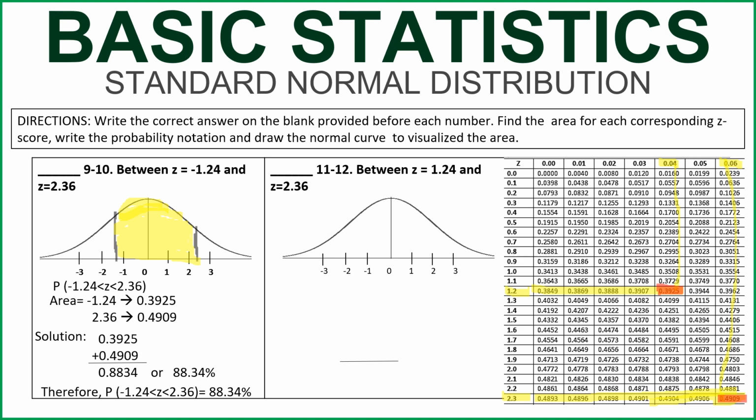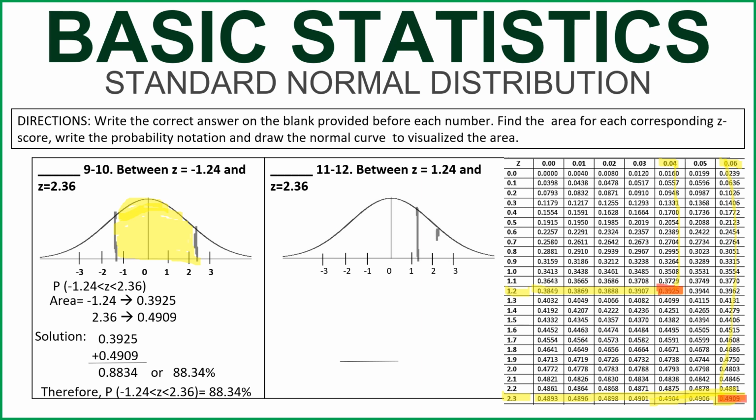So next, let's make it quick. How about this? Between z equals positive 1.24 and 2.36. So let's locate positive 1.24, assuming that this is 1.24 and we have 2.36. It's between 2 and 3, but closer to 2. So assuming that this is 2.3, let's fix it.